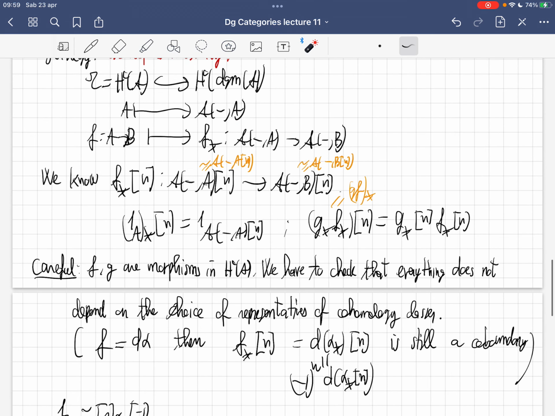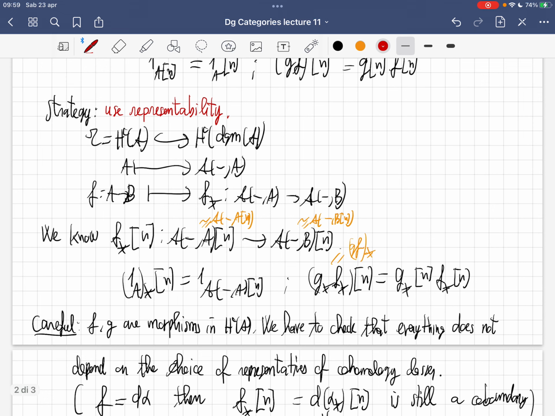You have this. Maybe let's write this even a little more explicit. The idea of defining the shift, the n shift, was you have this isomorphism. If you want to think of it as the identity, you know what it is. This is a shift here. This is an isomorphism.